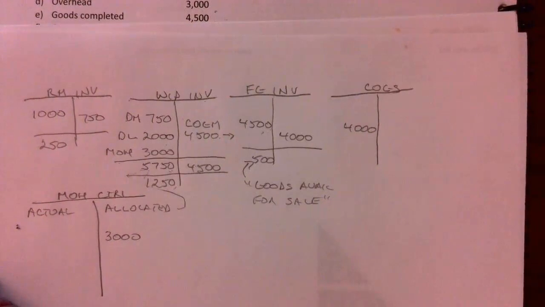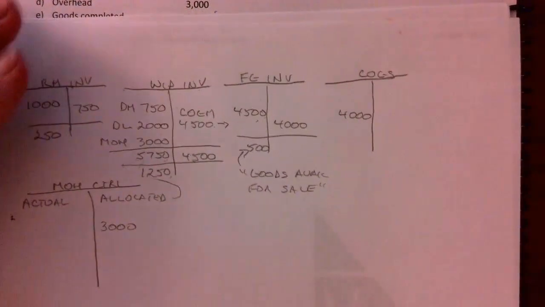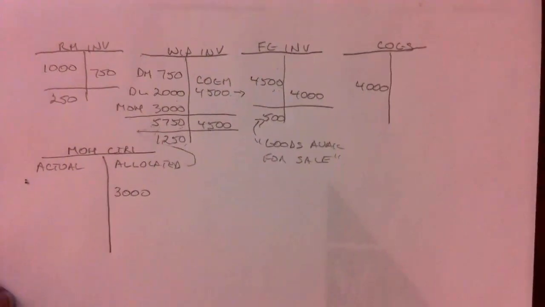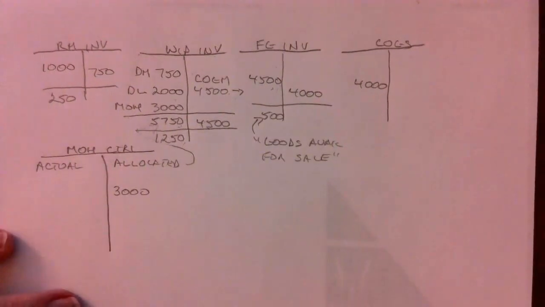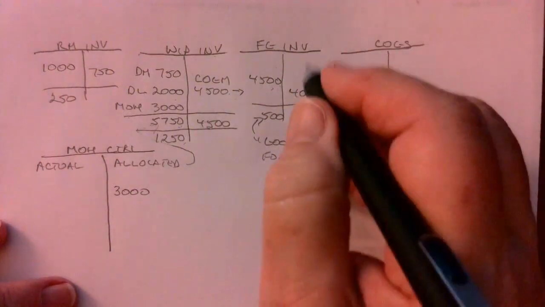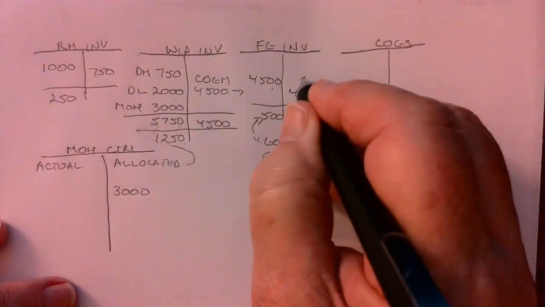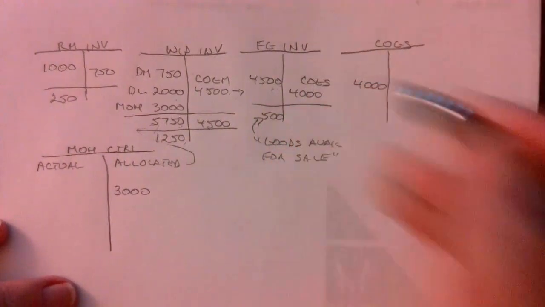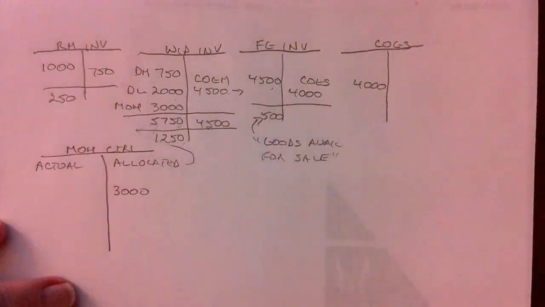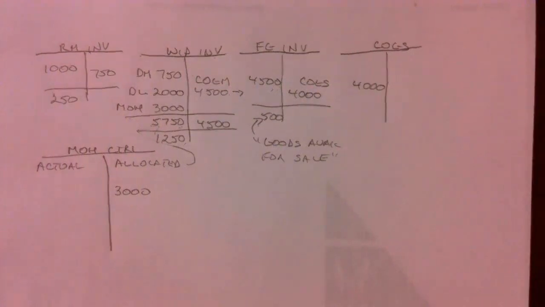All you're trying to do is just get accustomed again to thinking about cost and actually managerial accounting. Okay, so don't worry about this. There's a lot more coming. So that's goods available for sale. This is cost of goods sold. Okay, finished goods inventory T account has quite a bit in it. Now let's do journal entries for it.